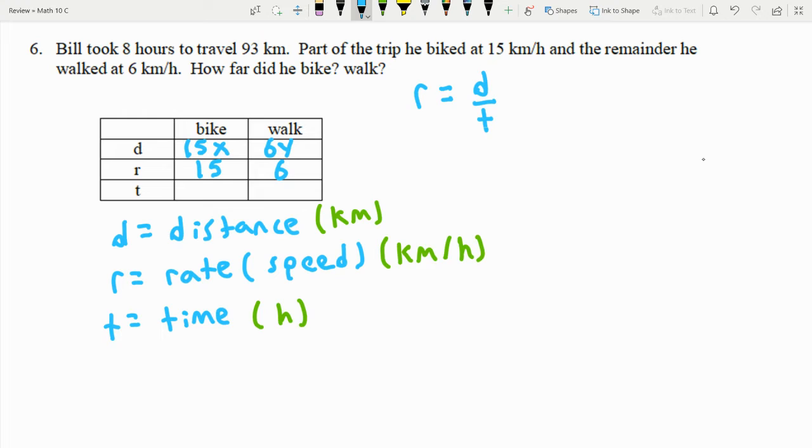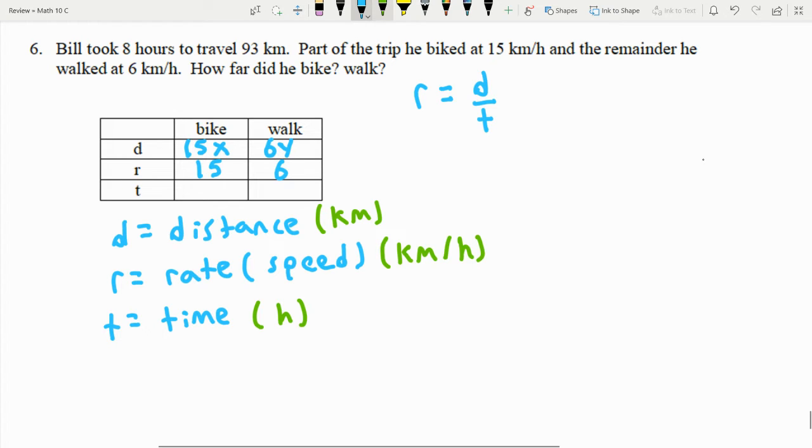Because if you think about it, distance is how many kilometers we walked or biked, and that's divided by time, how long it took. So that gets us a rate. If we want distance, we can take our term here, r equals d over t, take t, multiply it to r instead, and then get rid of t that way.